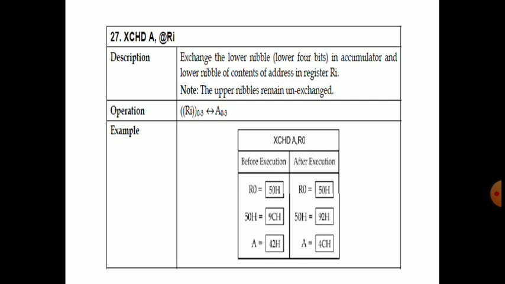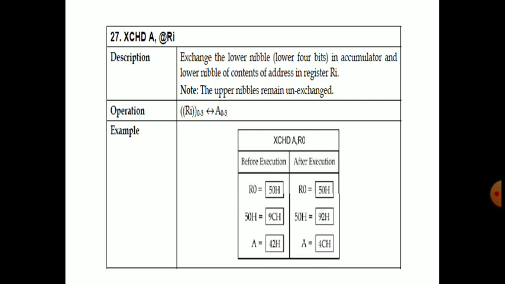So XCHD, note, the upper nibbles remain unexchanged. See, only the lower nibbles of both registers will be exchanged, but the upper nibbles will remain unchanged.